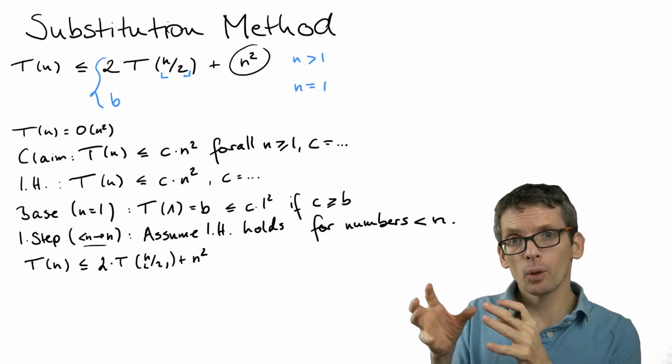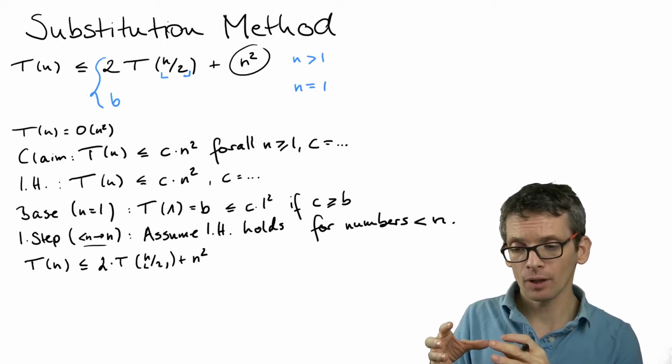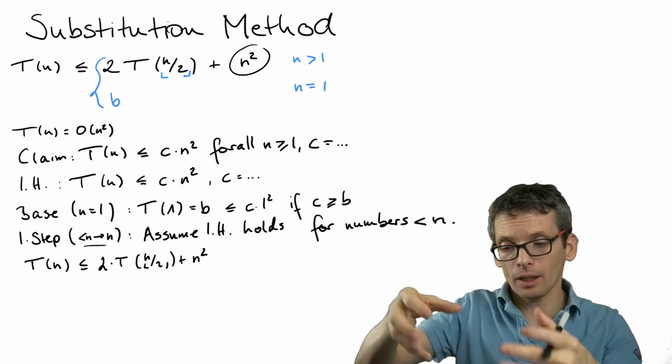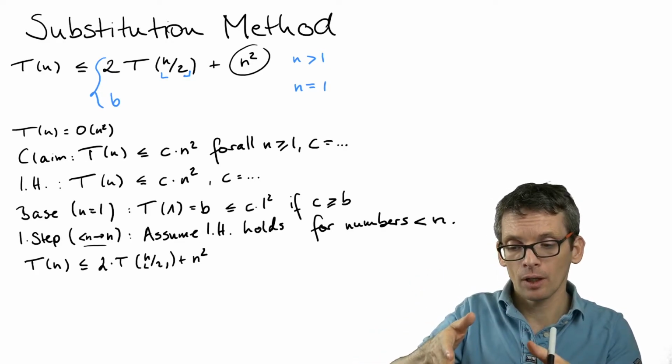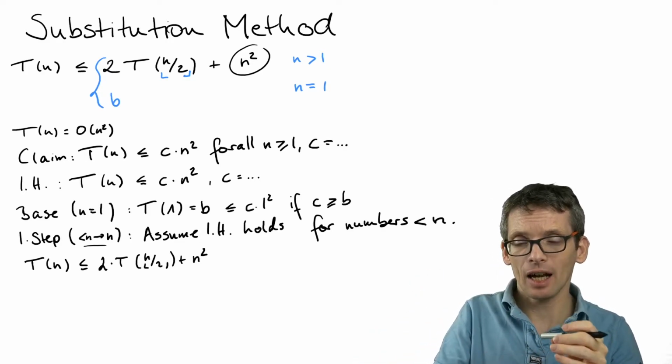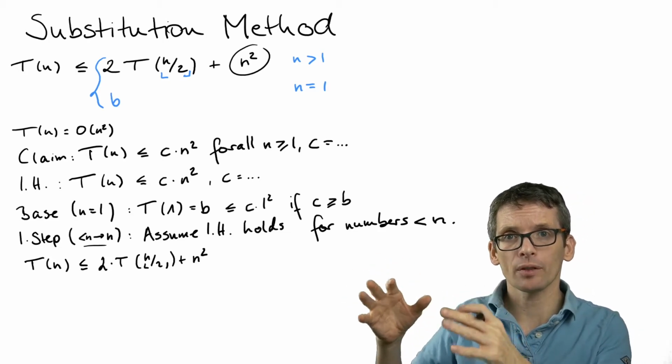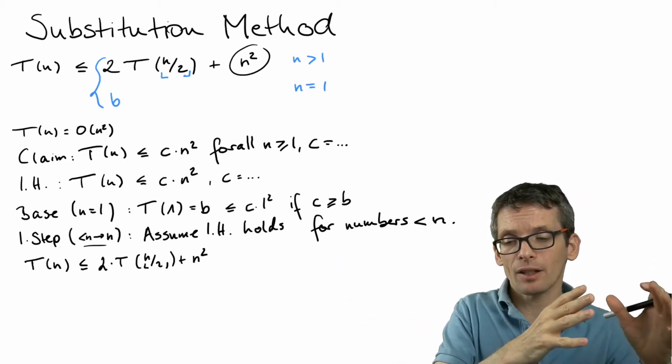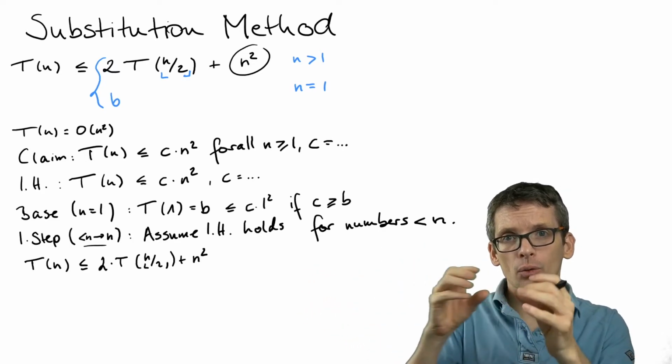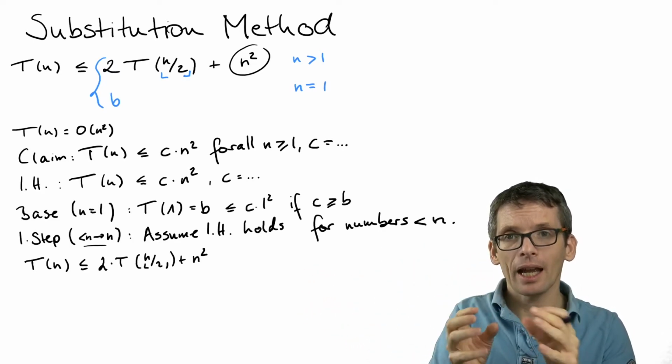That means that we are going to replace t of n half by what we get when we plug in what we have in the induction hypothesis. So that means there are c times, and then instead of the n, because we had t of n, and on the other side n squared, now we have t of n half, so we replace n squared by n half squared.